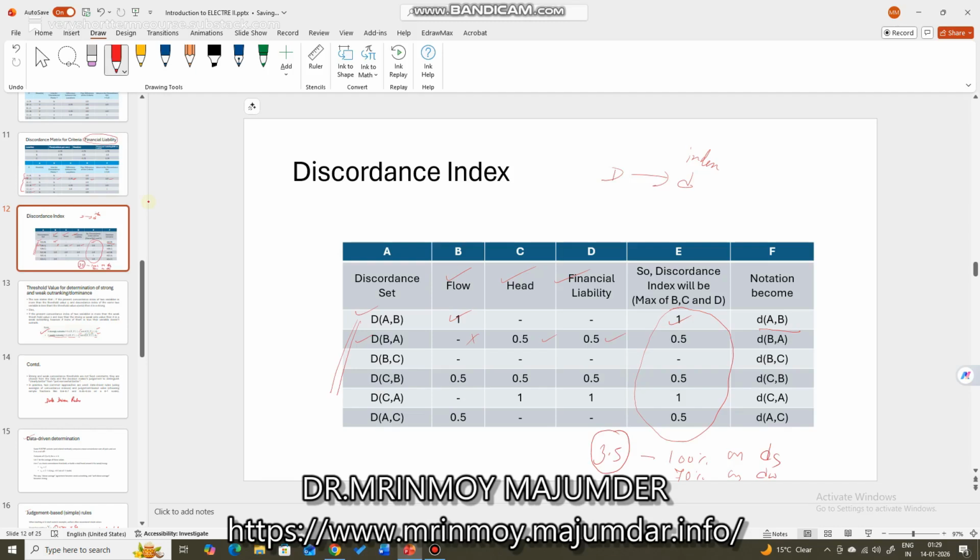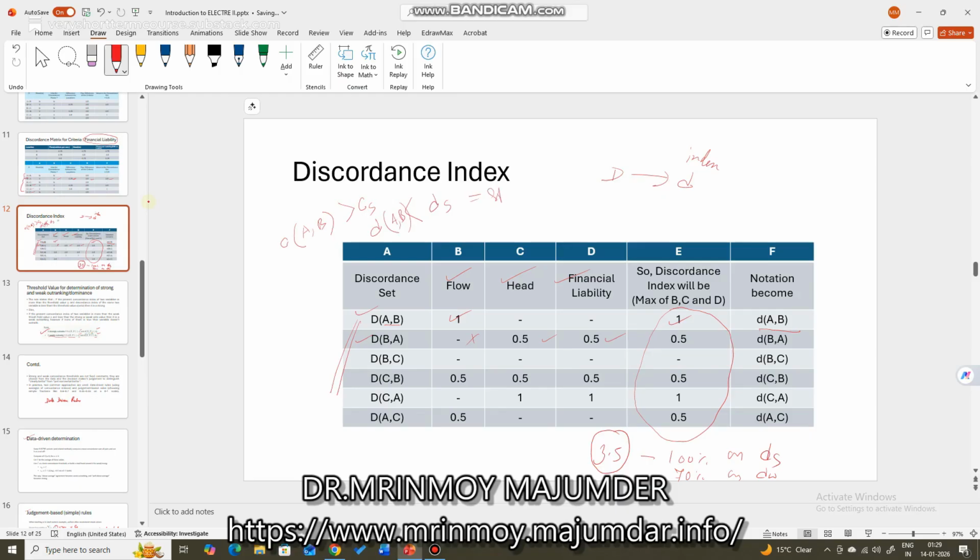Now, for A to strongly outrank B, as you know, the concordance index of AB must be greater than the strong concordance value. And not only that, it will also require that the discordance index value of the same two variables is less than the strong discordance value.